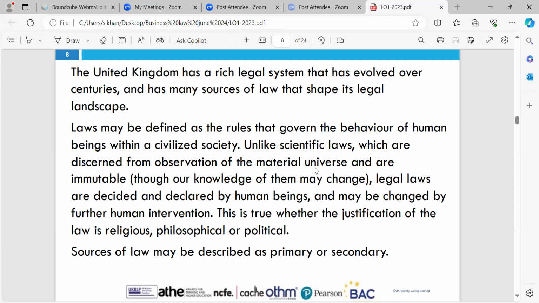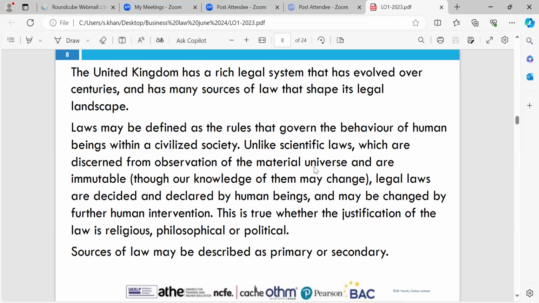Legislation, common law, assimilated law, human rights, customary international law are important sources of the UK, ensuring that the UK legal system remains robust, adaptable, and grounded in both tradition and contemporary legal thought. Understanding these sources is essential for navigating the complexities of UK law and appreciating its depth.